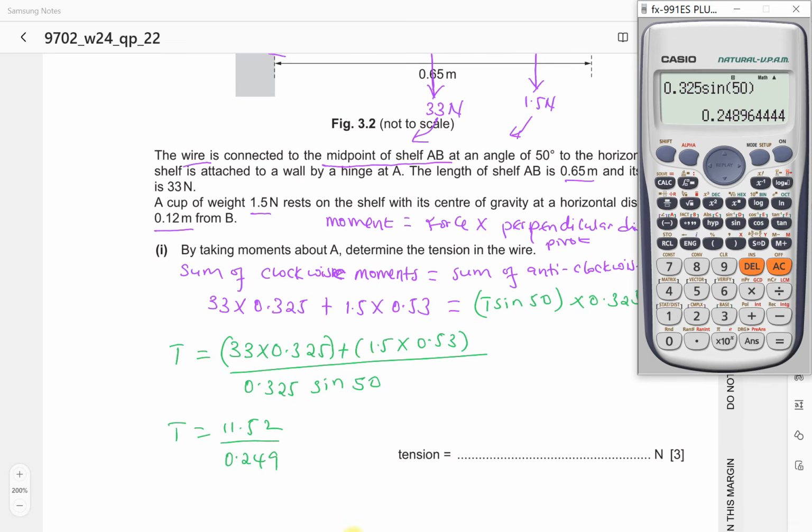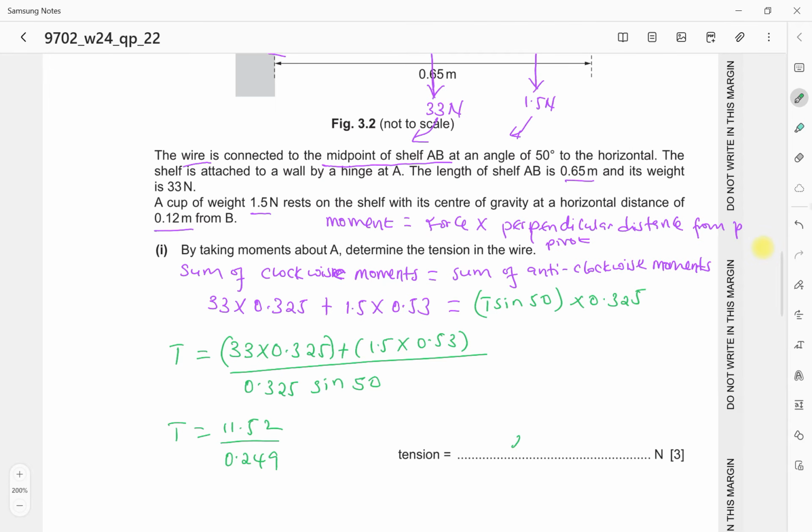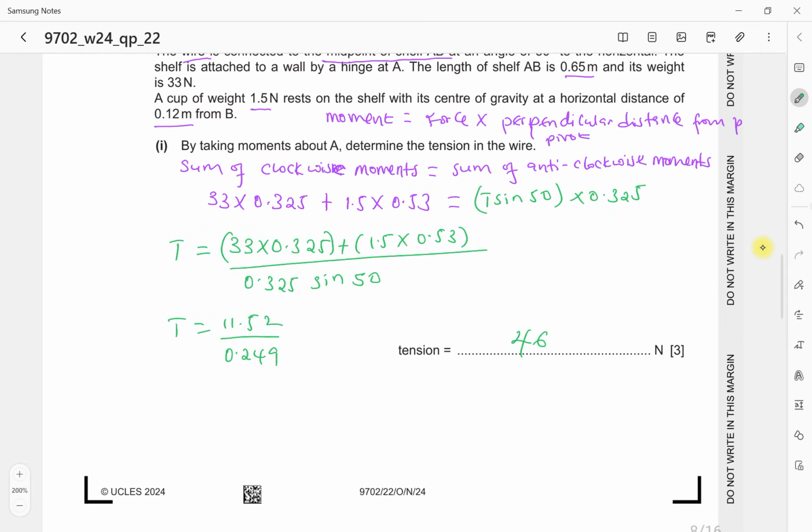So we can divide 11.52 divided by 0.249. So that is 46.27 or approximately 46 newtons.